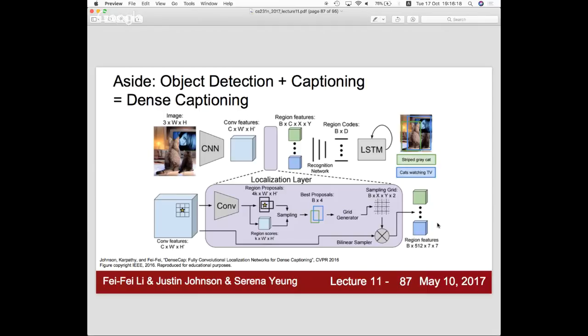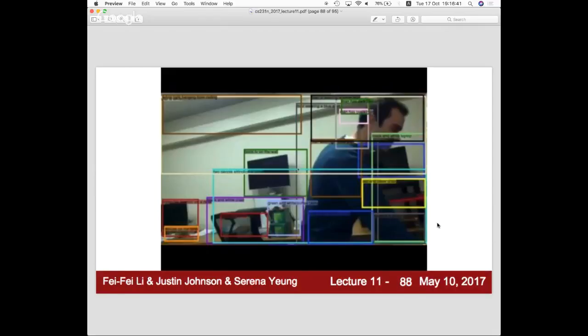So B here is the number of bounding boxes or ROIs. After you get the features for each ROI, you put them into a recognition network, and then you get some codes. So B times D is the dimension of the codes. And then you put each one into an LSTM to get the description of the object. This is an example.